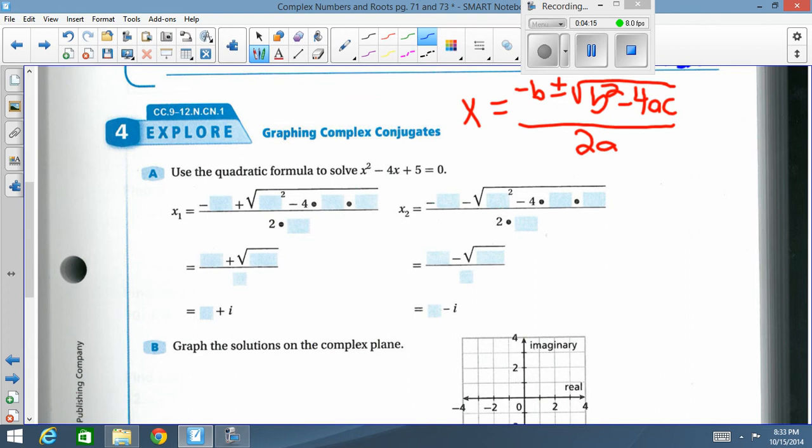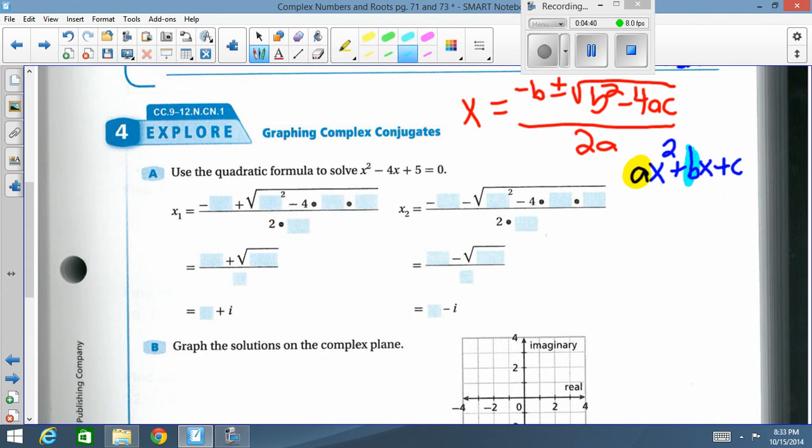Now, what is a, b, and c? Well, think about standard form quadratics: ax squared plus bx plus c. There's your a, b, and c. A is the number in front of the x squared.